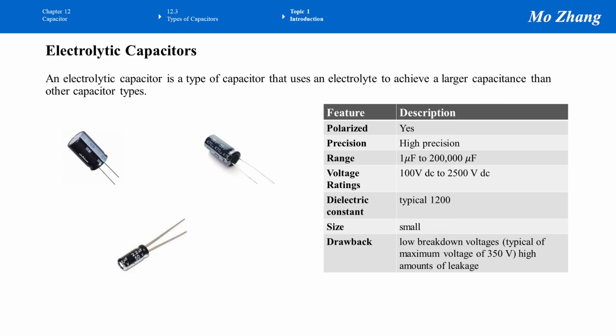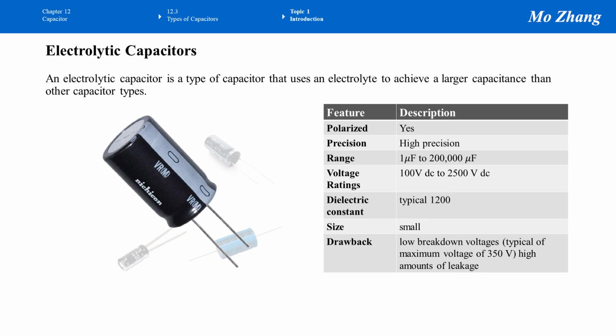Most of the time, this capacitor has a cylindrical shape, a big cylinder with two wires, either the two legs on the same side, or one wire on each side, like a sausage. If we look closer at this capacitor, we can see there's a strip printed on the surface of this capacitor.